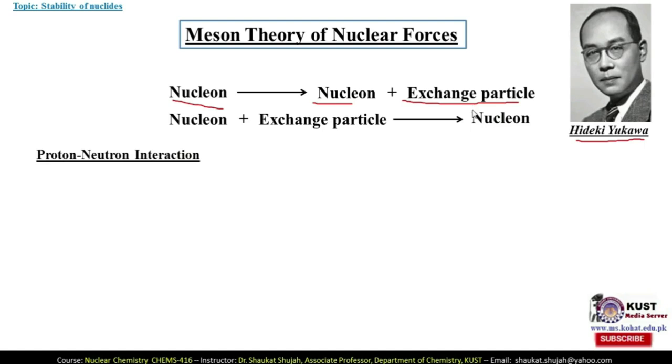According to him, a proton can interact with a neutron, and during this interaction a neutron is converted to a proton with the emission of a negative pi meson, and this negative pi meson is then absorbed by another proton, and that proton is converted to a neutron.